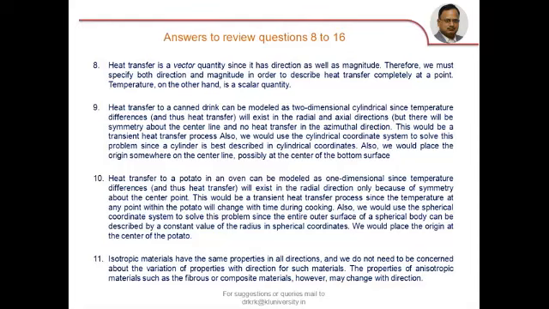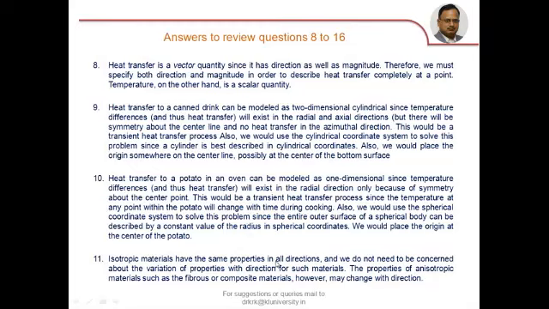You consider it as layer upon layer, one small sphere over another one, ultimately into a bigger potato, full size. So there is no temperature variation in the theta direction and in the phi direction. Only in the radial direction, so you can treat it as a one-dimensional problem related to a spherical one.